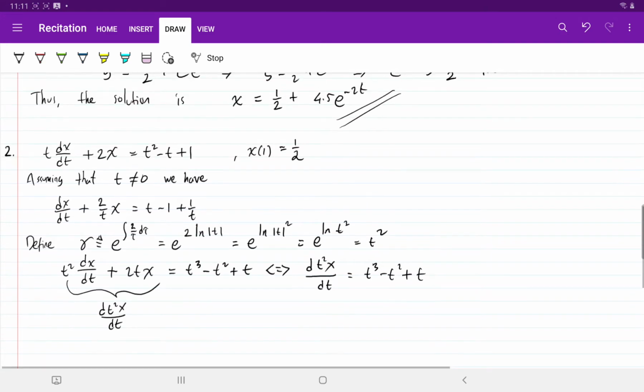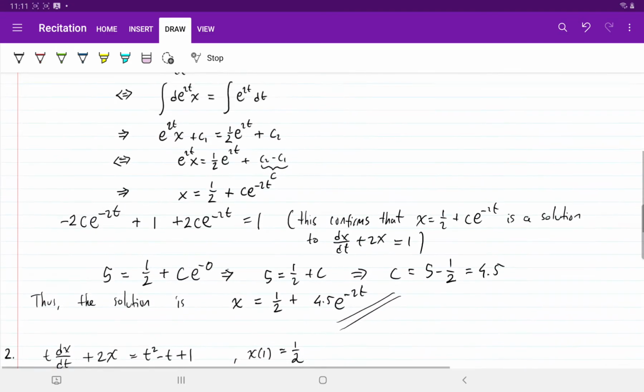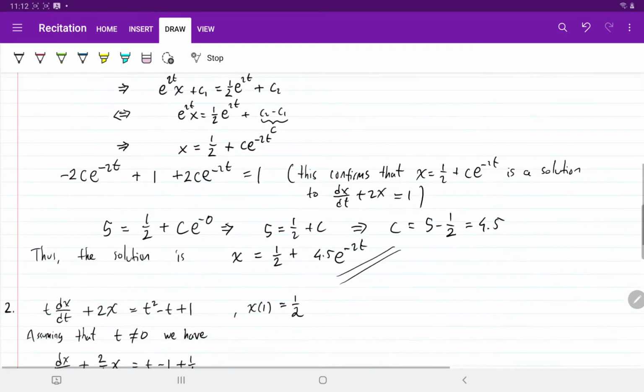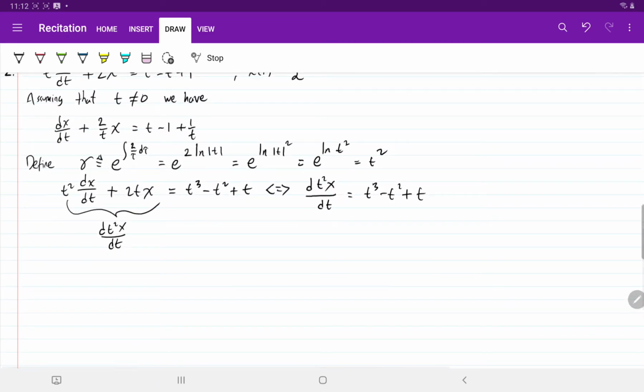Okay, so let's do the same step. So we integrate both sides. So we integrate this d t square x, integrate t cube minus t square plus t dt. And what are these?